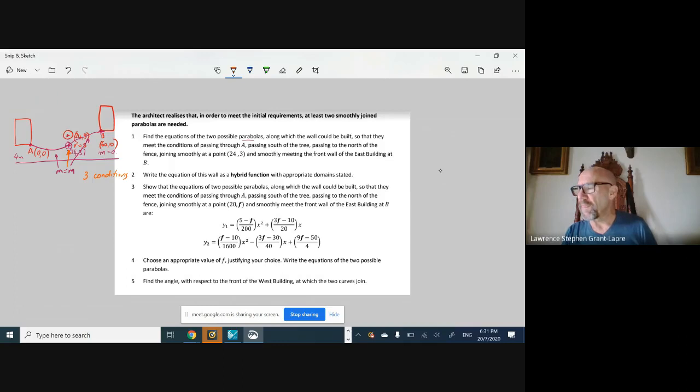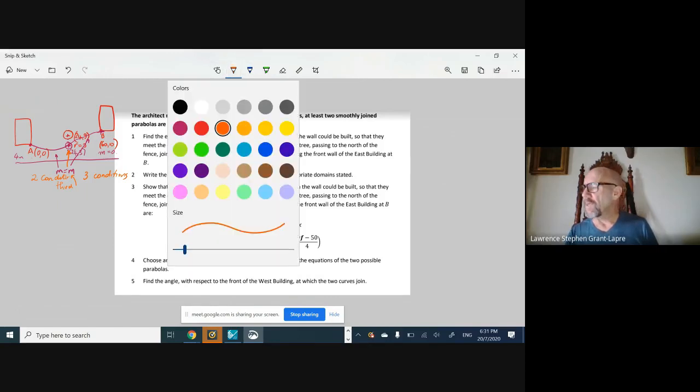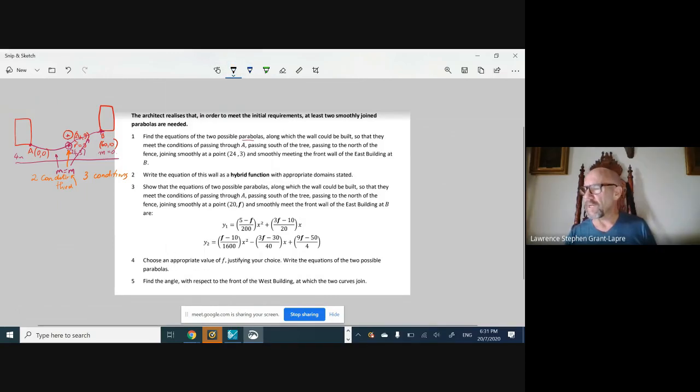and there are 1, 2 conditions that we do know here, plus a third condition which is to do with the gradient. Well, let's have a look at what all of these conditions are, because I want to put them into the calculator.